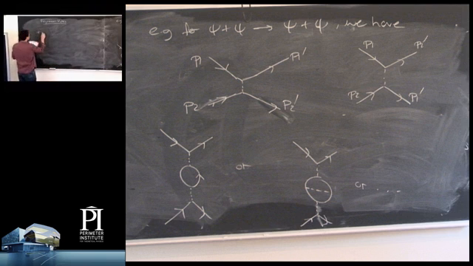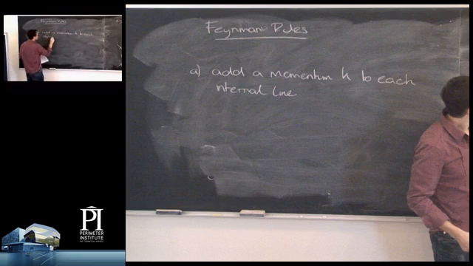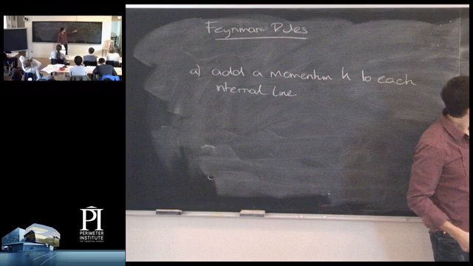Okay, so here's the way you associate mathematical formulae to these. Add a 4-momentum k to each internal line. In these diagrams, there's only one internal line, this dotted one.